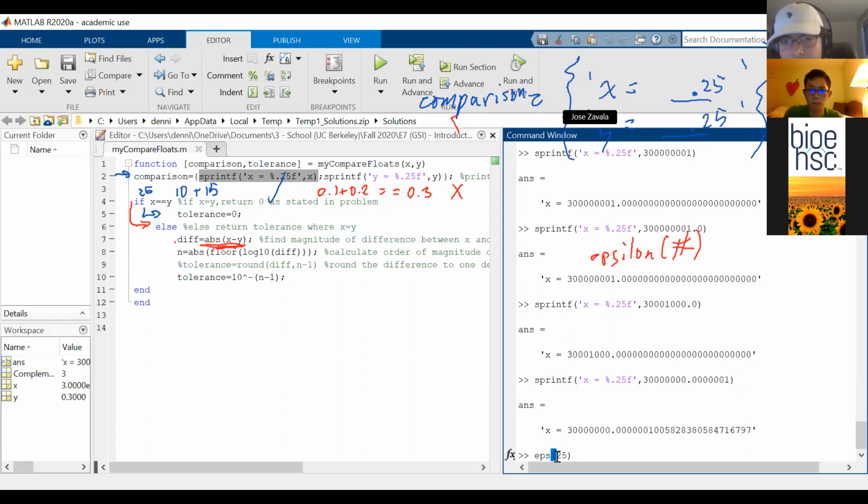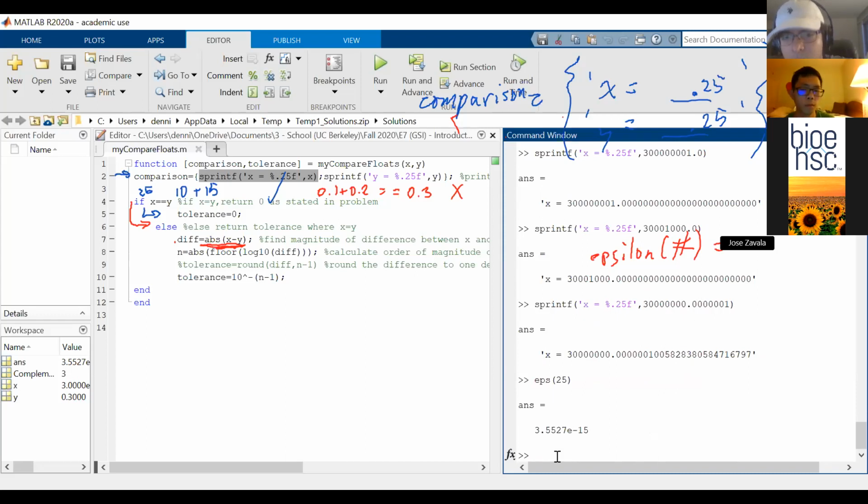That means that if epsilon of that number equals 0.1, then that number plus 0.05 will, in the eyes of the computer, be exactly equal to the original number. So here, Dennis showed epsilon of 25. That means that within 25 plus or minus that tiny number, the computer will actually see the same number.